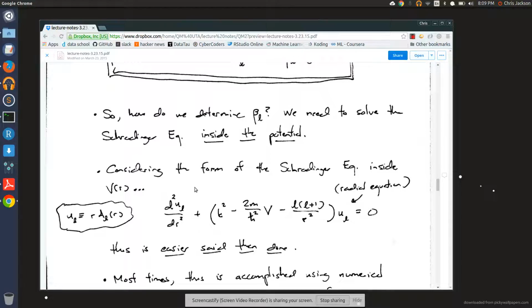And so the way we do that is I'm going to write down Schrodinger's equation, but I'm going to use, so this is just the radial part of the equation. And I'm going to use the form where we write it in terms of this U sub L wave function.